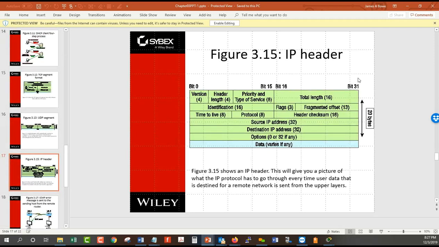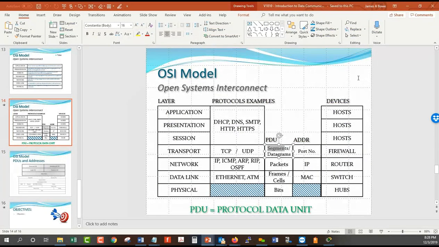All right, so let's take a look. Here is an IP packet. And again, you'll notice a source IP address of 32 bits and a destination address of 32 bits. Okay, this is the network layer. And again, we'll go back to this diagram and you'll see we have packets, and the addresses are IP addresses.